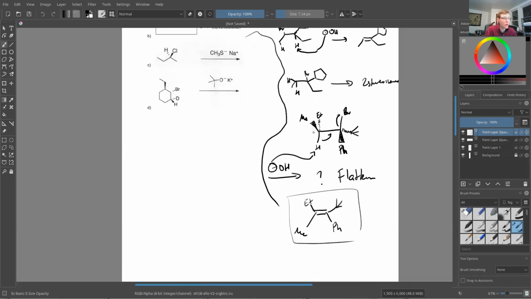Because both of these are chiral centers, that sets in stone what the final product is going to look like. The only way we do E2 is when it's anti-periplanar, right?